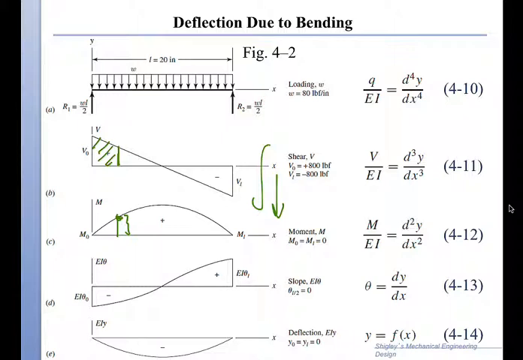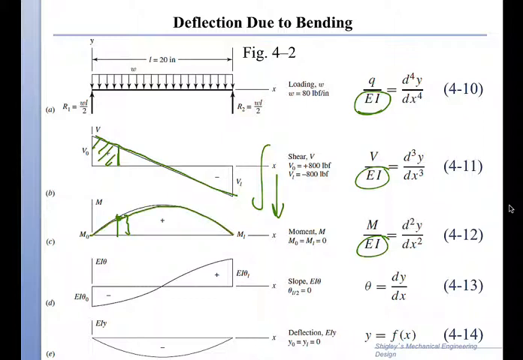As I mentioned, the scaling factor is EI, so we have to put the EI in the bottom. So you start from Q over EI, then you construct V over EI, and you construct M over EI, and the construction here is a straight line. Then the corresponding integration is a parabola.